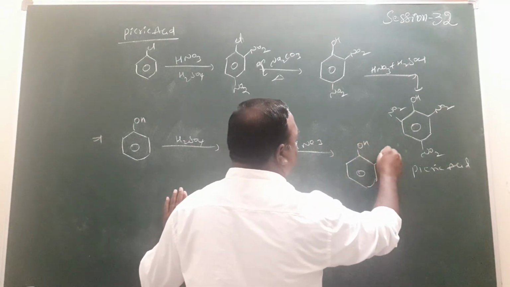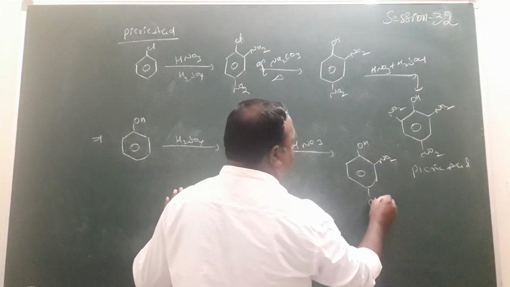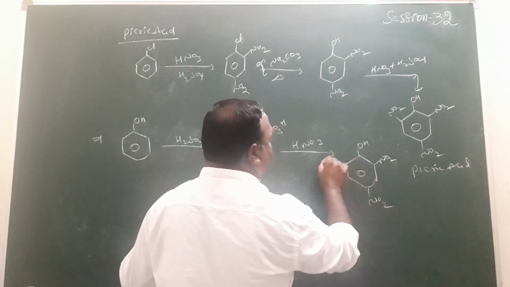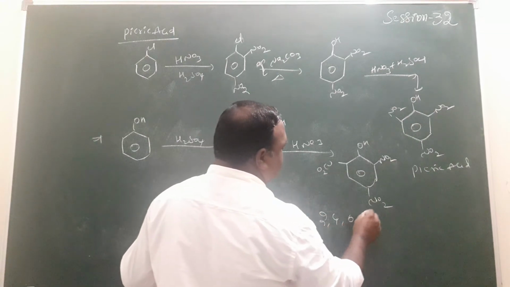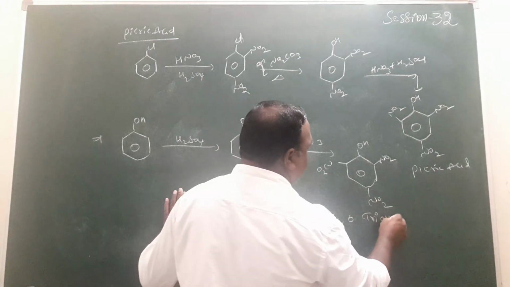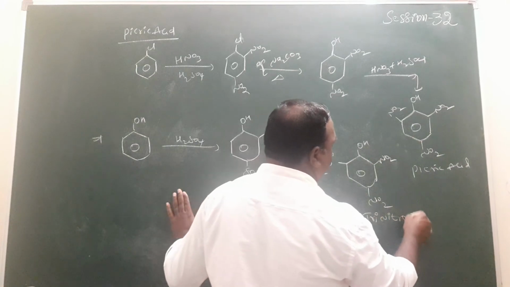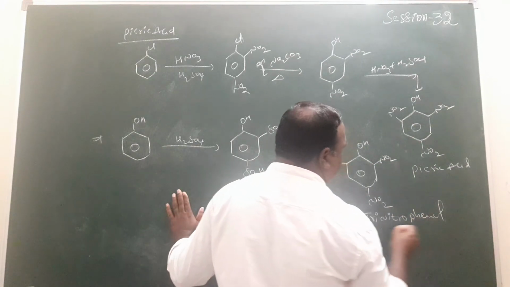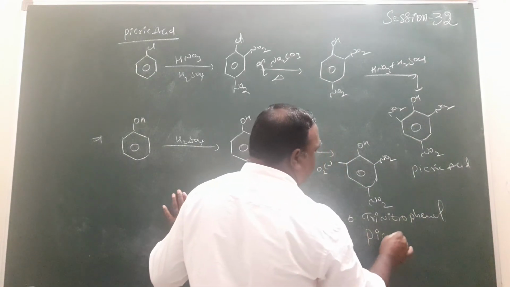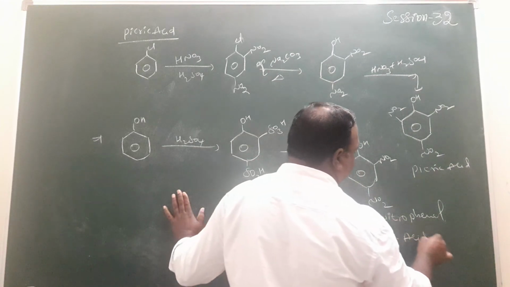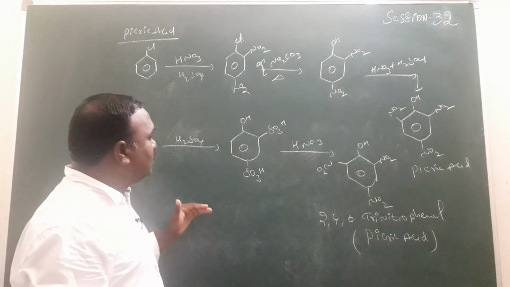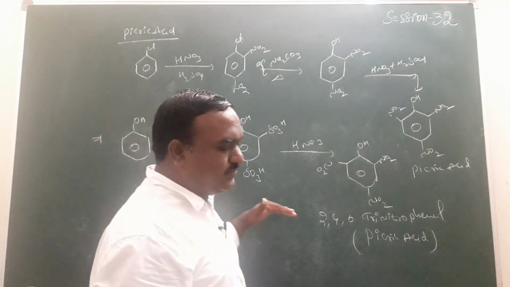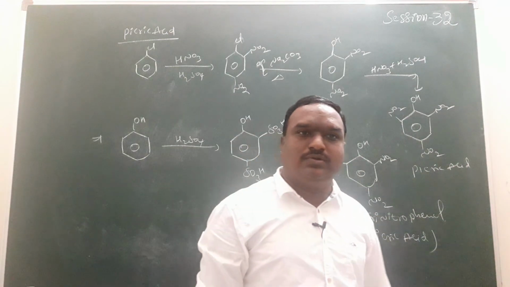Here NO2, NO2, NO2 groups: 2,4,6-trinitrophenol. Trinitrophenol is generally called what? Picric acid. This is a way to prepare picric acid from a given organic compound.